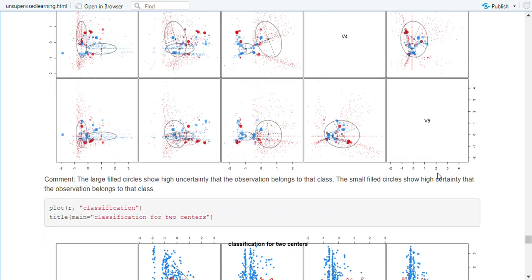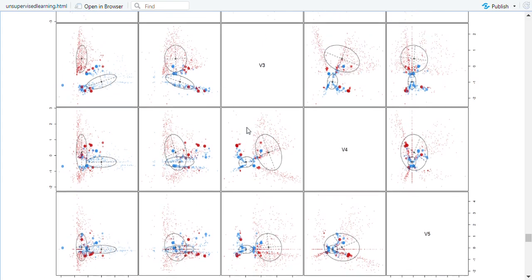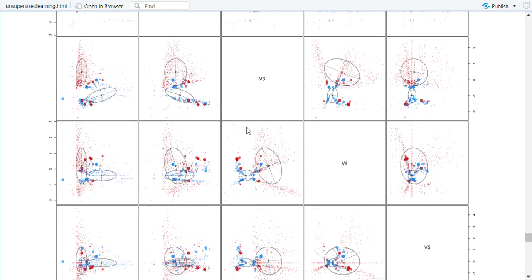The large filled circles show high uncertainty that the observation belongs to that class, and the small filled circles show low uncertainty that the observation belongs to that class. So the data nearest to the center of the clusters has bigger circles, and further away the circles are smaller.